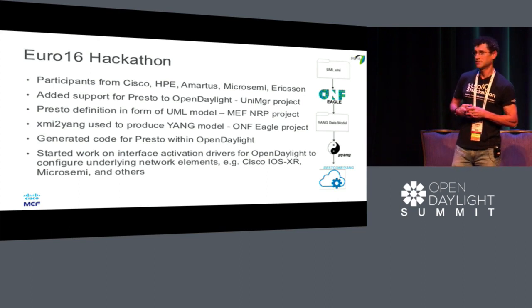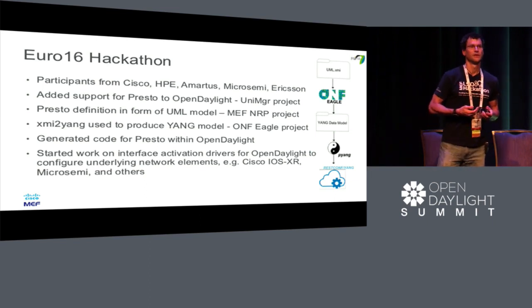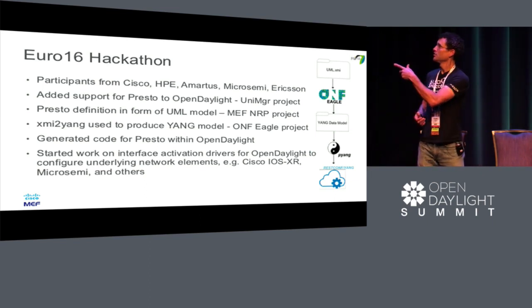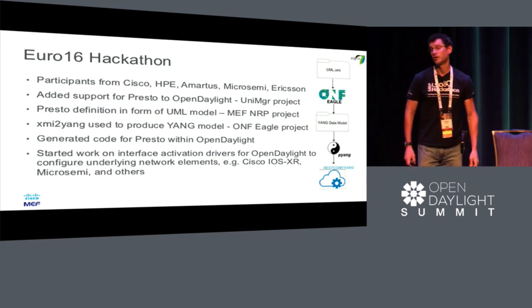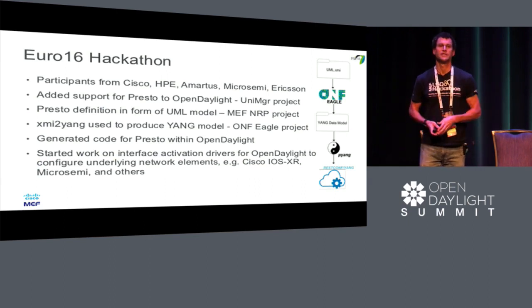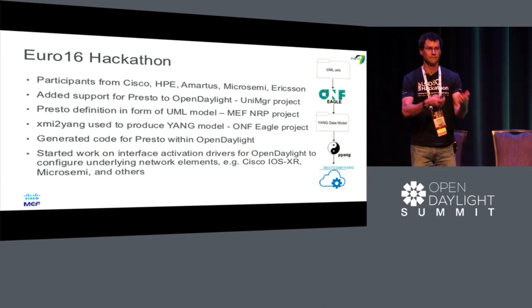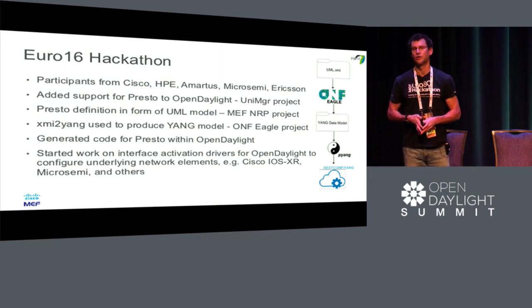And the idea was, okay, we have this UML model, but OpenDaylight works with Yang models, right? So let's use this UML to Yang tool that was created as part of the ONF Eagle project, and use that to convert the UML into Yang, and then we can feed the Yang model into OpenDaylight, have it generate code, and expose Presto northbound.